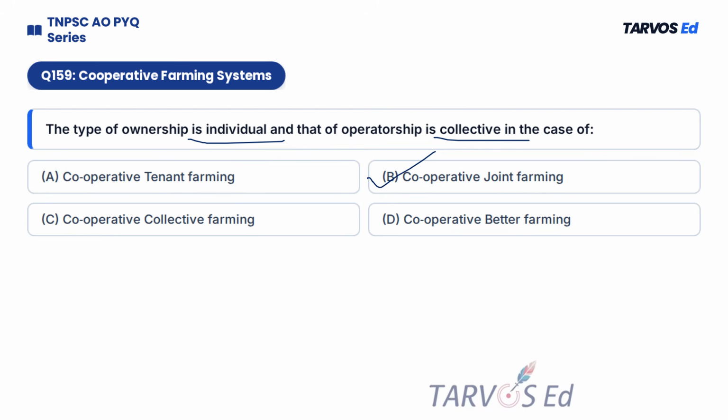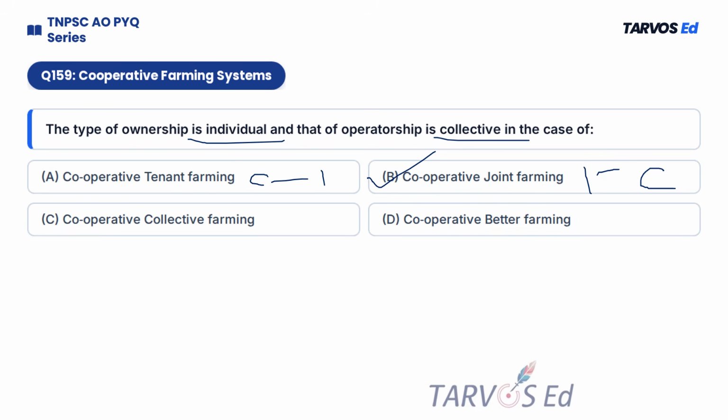So in each case, the ownership and operatorship will be different. You need to remember that there will be a table in a Subba Reddy book, so you can see that. And even in our detailed class, we have explained all these things. So in case of tenant farming, the ownership will be collective, but the operatorship will be individual. Okay, ownership is collective, operatorship is individual. And in case of cooperative joint farming, it is individual and collective, opposite to the tenant farming.